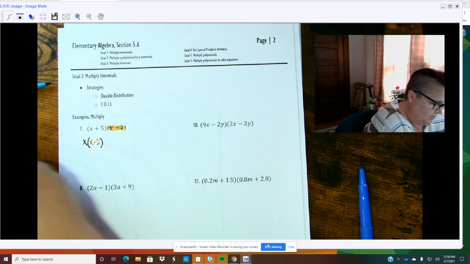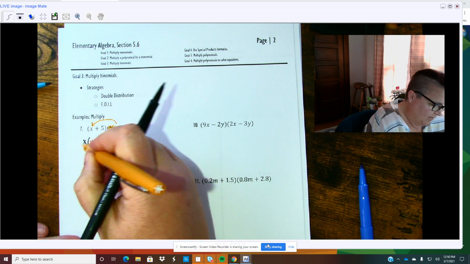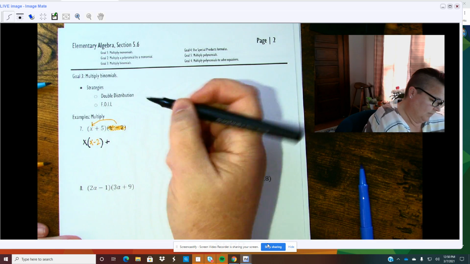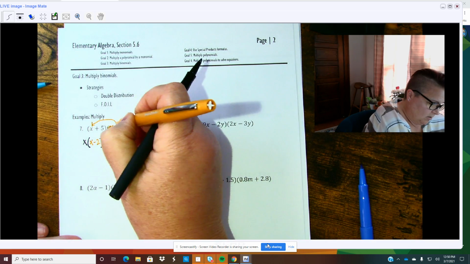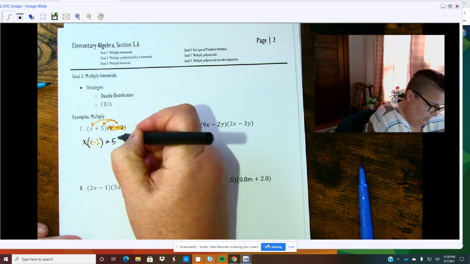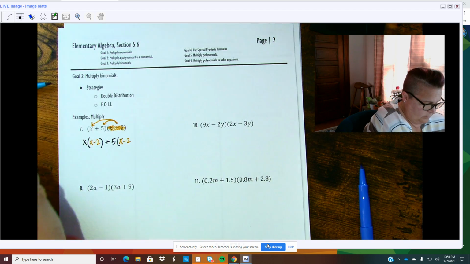So I'm taking all of this first to that x. So I have x times x minus 2. And then a plus. Now I'm going to take it all to the second term: 5 times x minus 2.